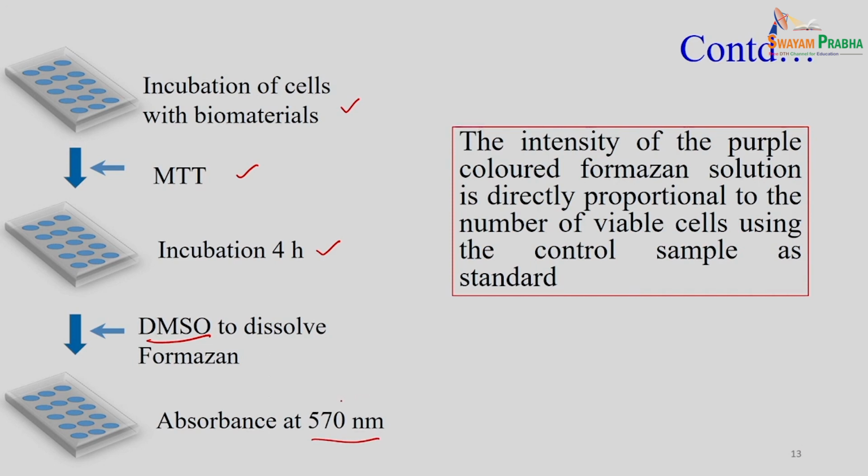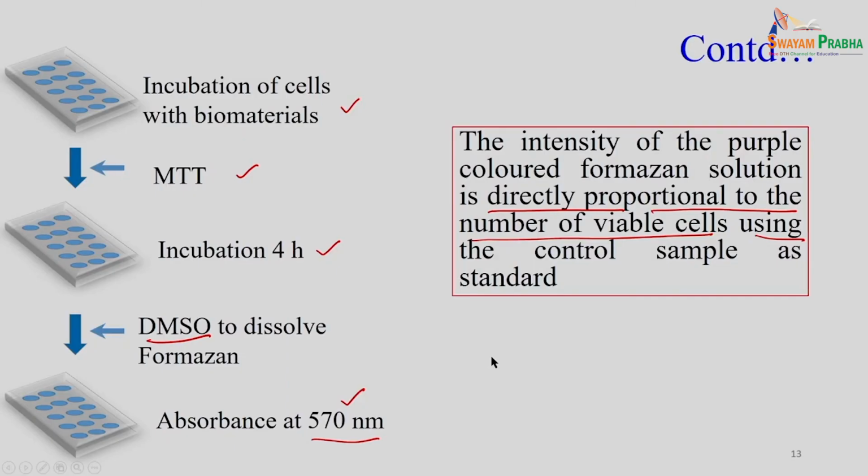As it is a purple color, we use 570 nanometers. The intensity of the purple colored formazan solution, this is important, is directly proportional to the number of viable cells. In this way we analyze the cell viability, or the cytotoxicity or cytocompatibility.